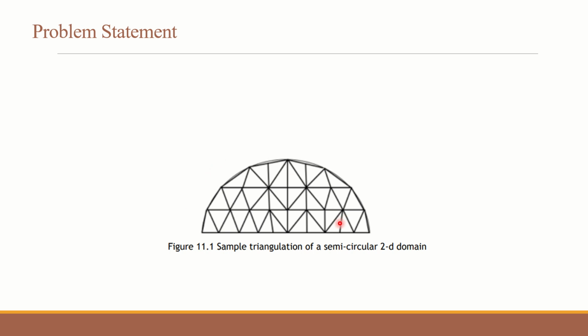So we have a two-dimensional semicircular domain, and we are doing triangulation of it. So this is our domain. This is our problem statement, or rather, our figure of interest. The coming up questions will be based on this figure.